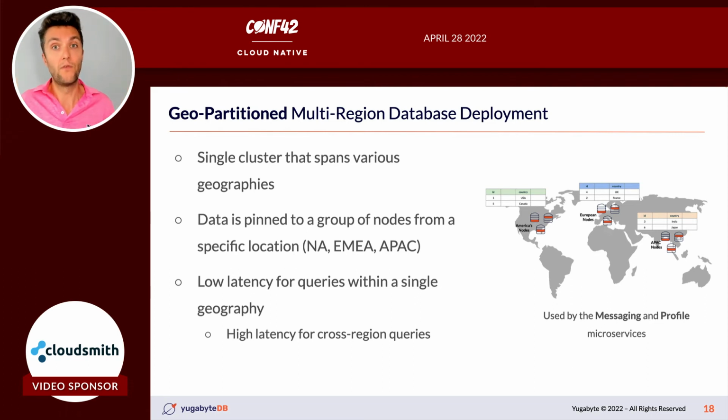When it comes to performance and latency, it's obvious that if you have users from Europe and all those users work for a company that is based in Europe, all the messages and all the data will be here locally.